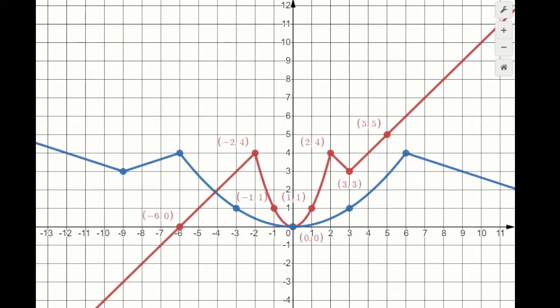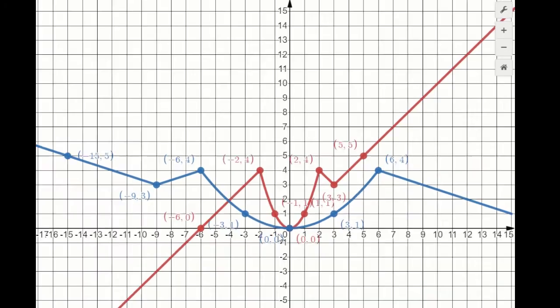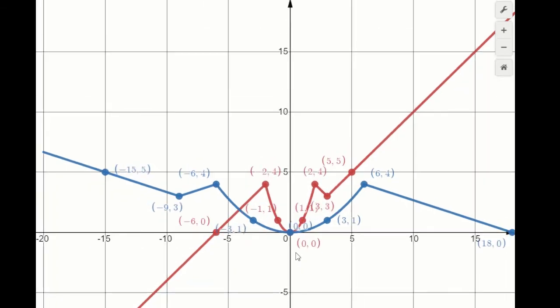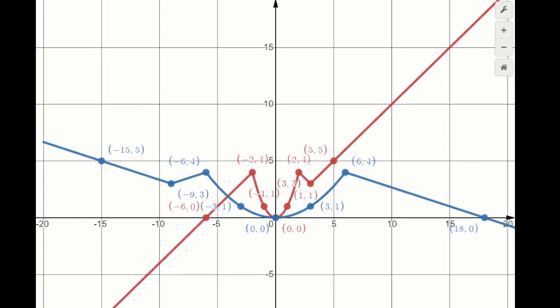These are the guiding points for us, and I really have to zoom out to a pretty extreme zoom like that. But that is the graph of our function g of x in blue color, and it has all of those transformed points. I can even pull it out a little more so that it shows all of these guiding points completely with labels.